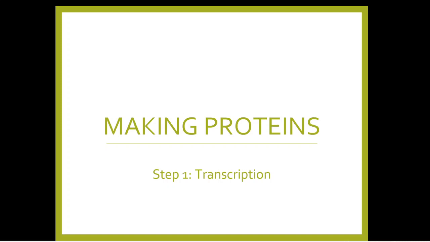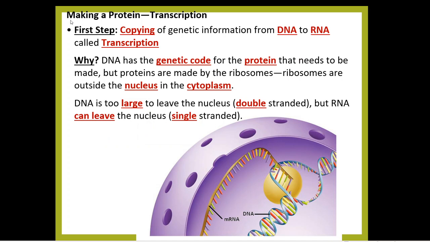Step 1. It's called transcription. Okay. So making a protein, or transcription. Our first step is copying of genetic information from what we call DNA to RNA. RNA's full name is ribonucleic acid. So it's a different form of a nucleic acid.